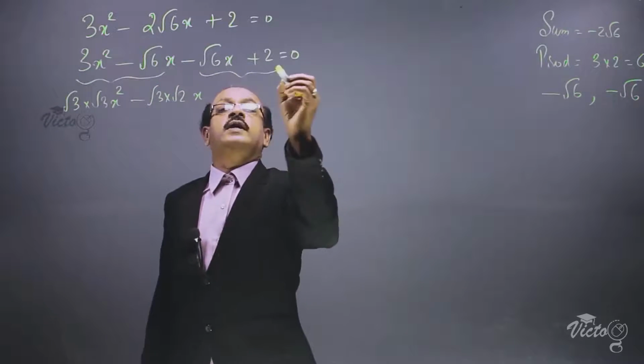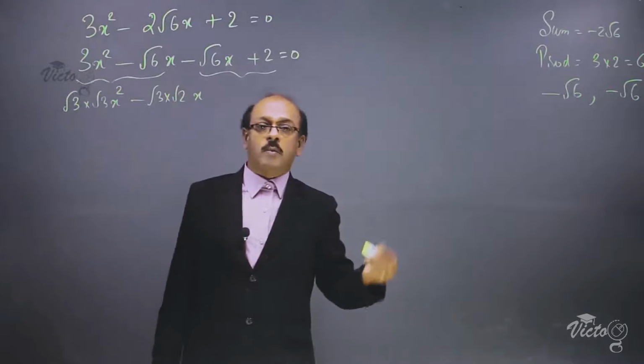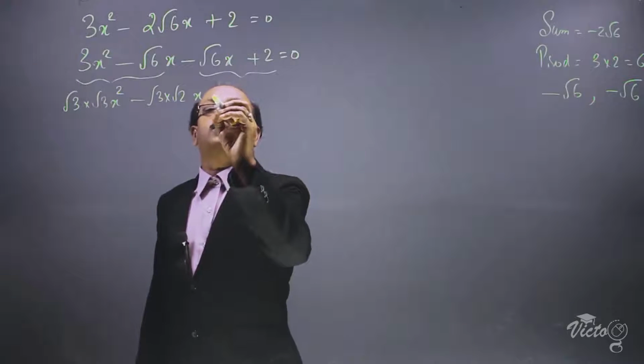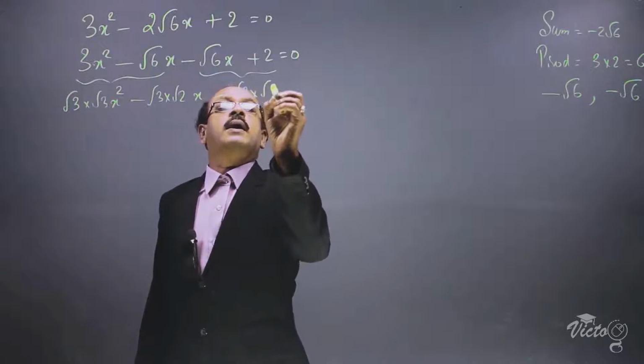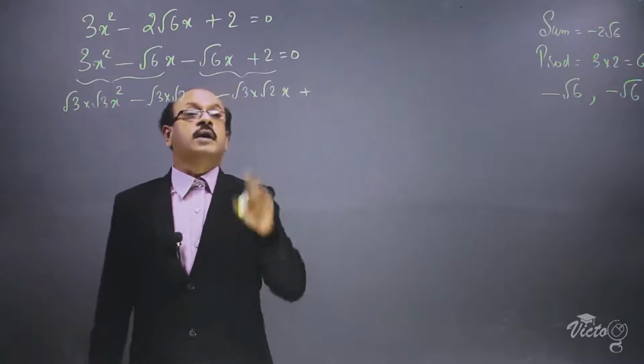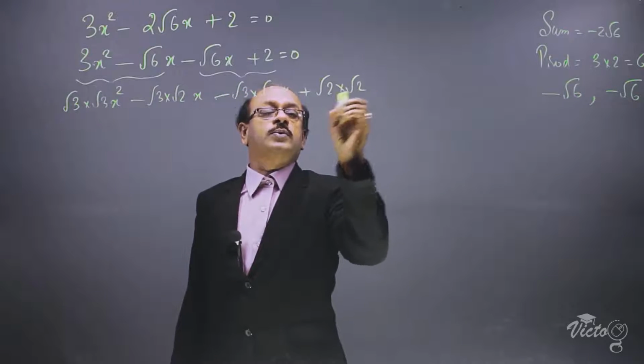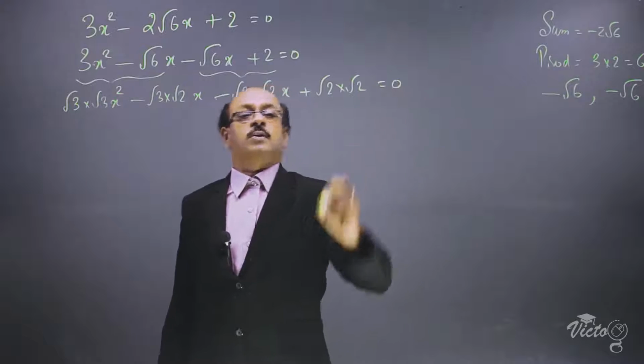Again, from these two terms we can't find a common factor. For our convenience, we split the other √6 as −√3 into √2 x, and 2 we can write as √2 into √2, which is equal to 2, equal to 0.